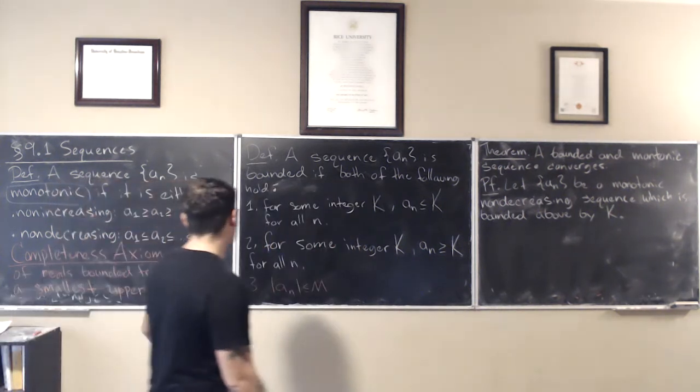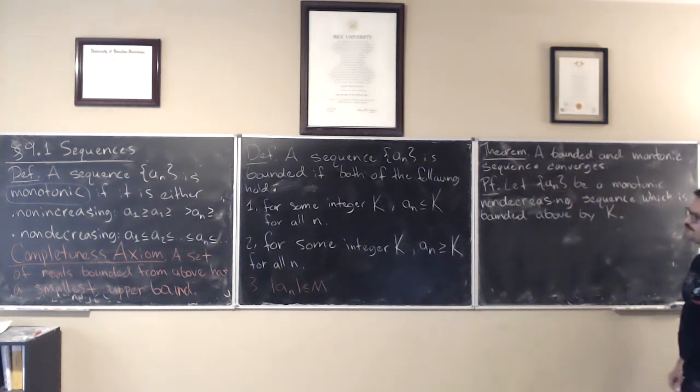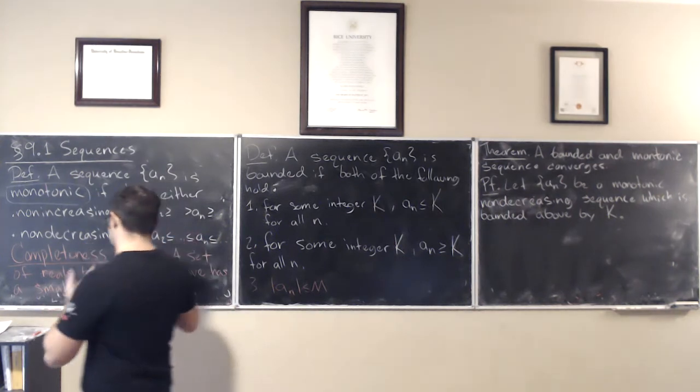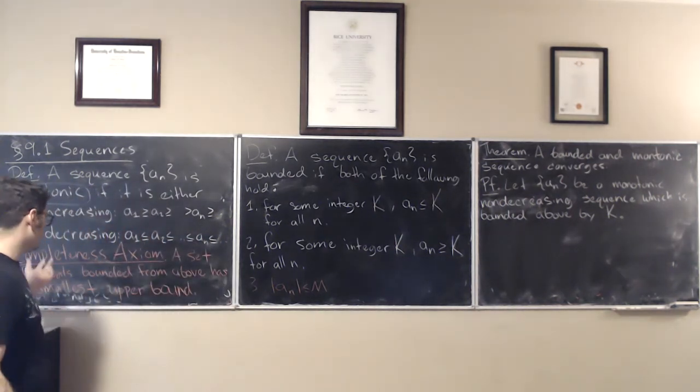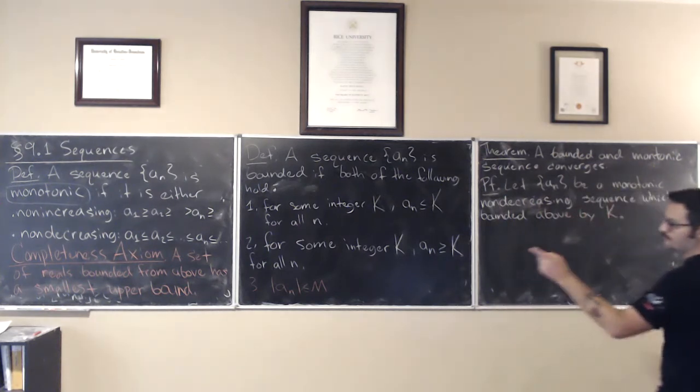Okay. By the completeness axiom, if this sequence is bounded above, then it's a collection of real numbers that is bounded above. It has a smallest upper bound by the completeness axiom.